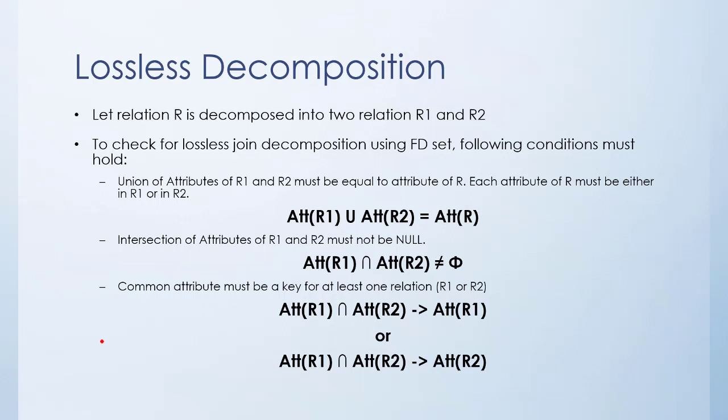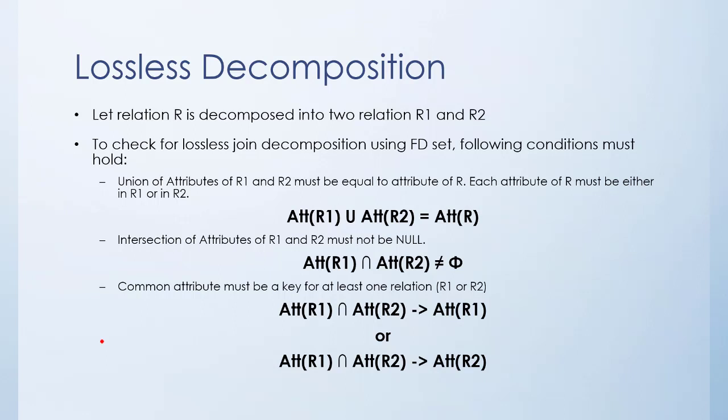Key means a super key for at least one relation, either for R1 or for R2. So in set form we can say that attribute of R1 intersection attribute of R2 determines all the attributes of R1, or attribute of R1 intersection attribute of R2 determines all the attributes of R2.